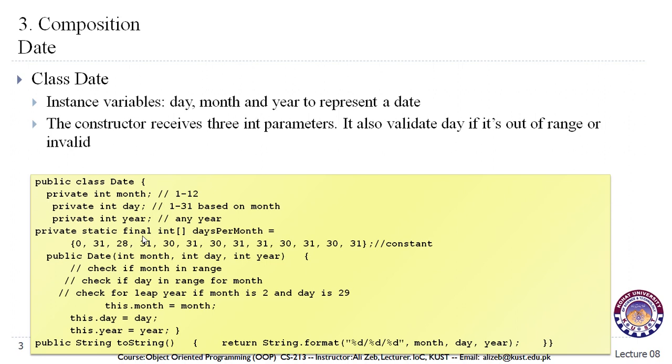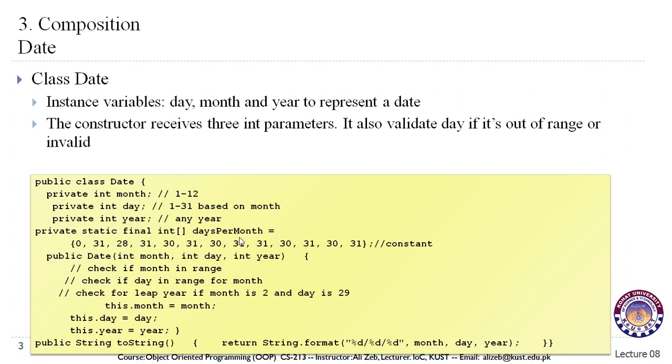That is, we cannot change the value it has been initialized to, so we do not want anybody to change the maximum number of days in our months. That is why we have declared it as final, and we have also declared it as static so that all the objects of the Date class have access to the same days per month array.